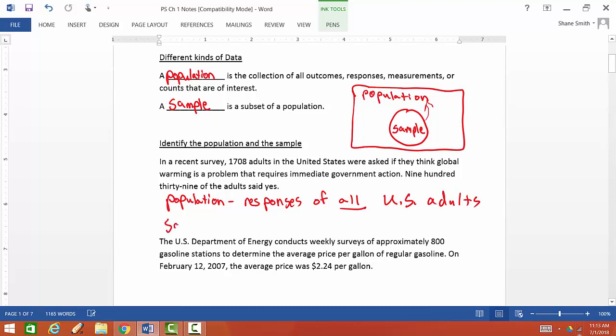And the sample is the responses of the 1,708 adults surveyed.